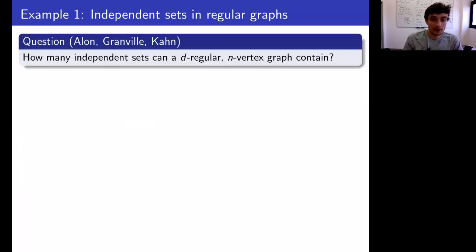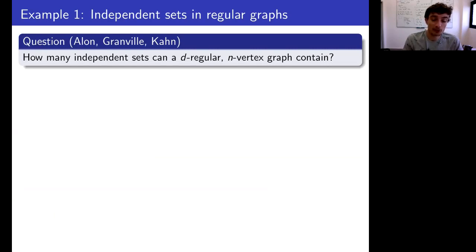So let's move to the first example, which is independent sets in regular graphs. The following question was asked by Alon, Granville, and Kahn, in maybe the late 80s. Namely, how many independent sets can an n-vertex d-regular graph contain?